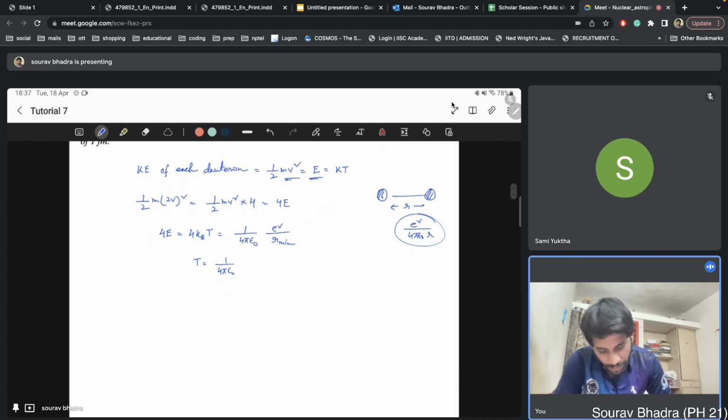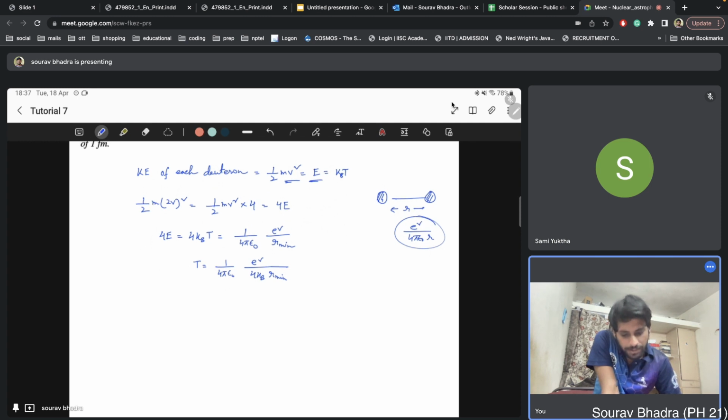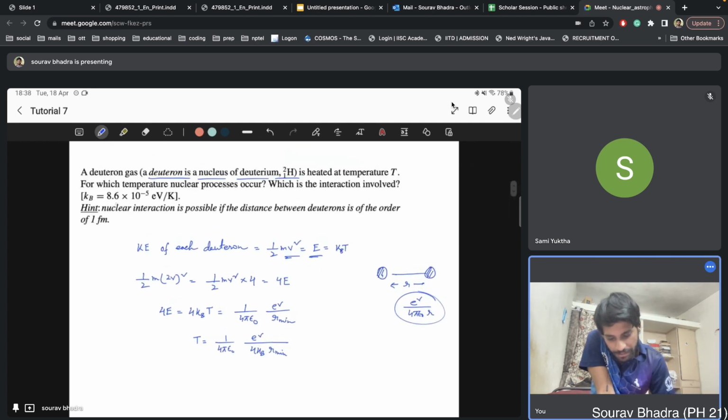So T is e square by 4 kB r minimum, with the 4 pi epsilon 0. Just a second. So r minimum we typically assume; kB is not what is given, that's what I was looking for.